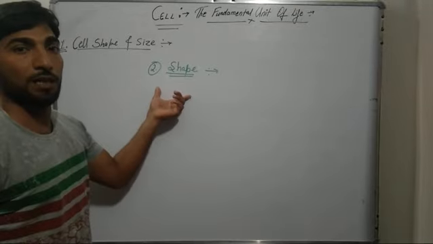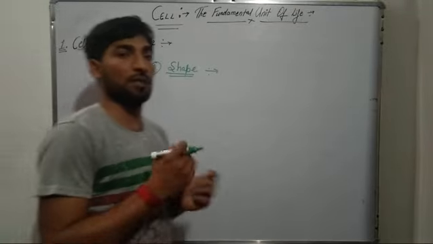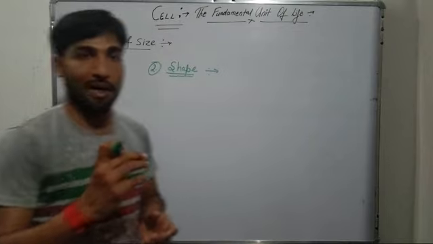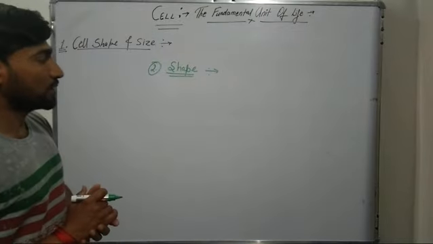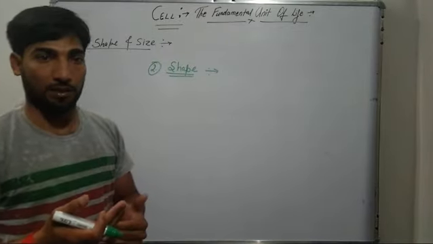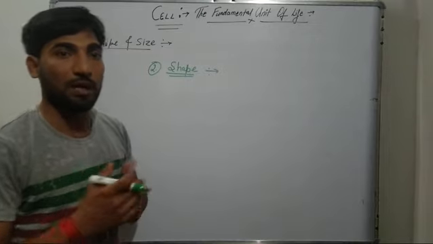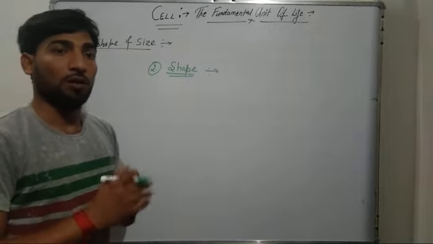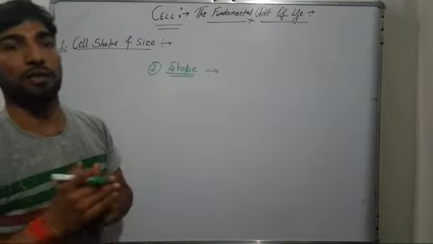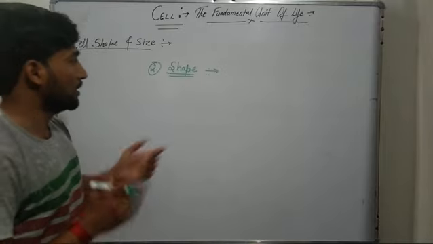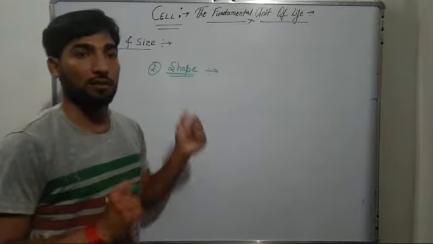Now come to the shape of a cell. On the basis of their location and presence, that is, in which organism they are present or where they are located in an organism, cells vary in their shape.